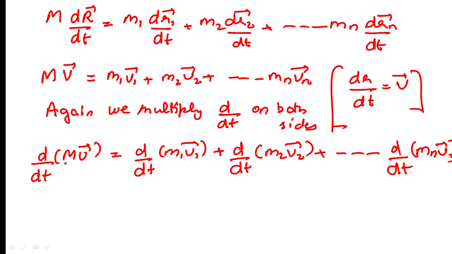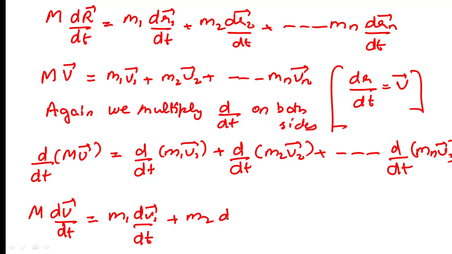Again the mass comes outside the bracket, so we obtain M dV upon dt equals m1 dv1 upon dt plus m2 dv2 upon dt plus up to mn dvn upon dt.